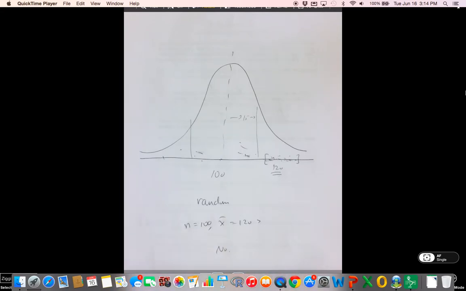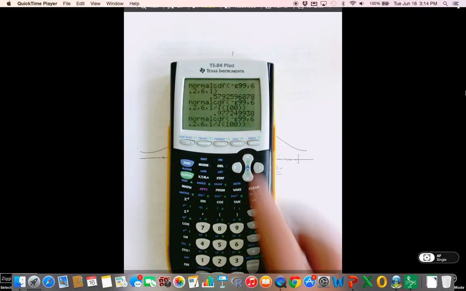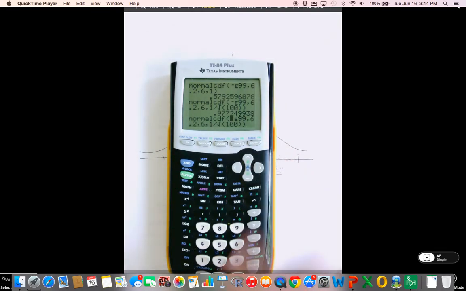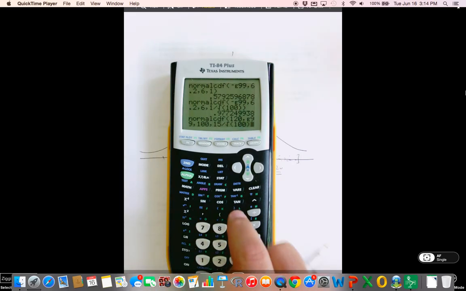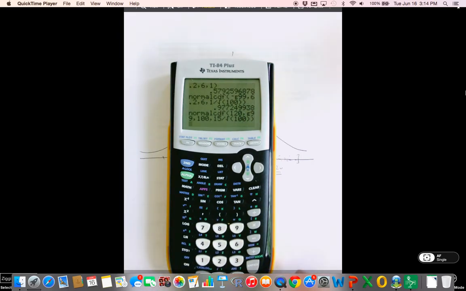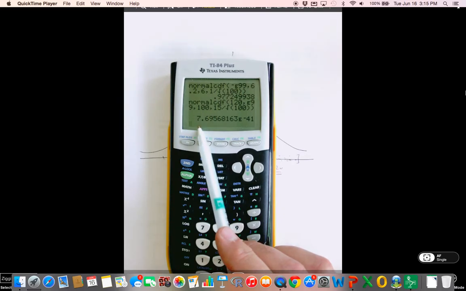In fact, we can actually figure it out. I'll tell you right now, it's very low. So normal CDF, an average IQ of 120 or higher, mean of 100, standard deviation of 15, but we're taking 100 people. Yeah, you might say, what's 7 point? Guys, probability has to be between 0 and 1.